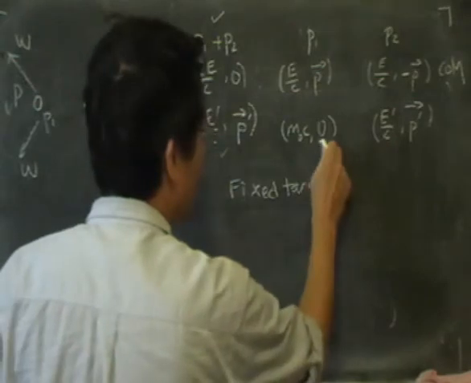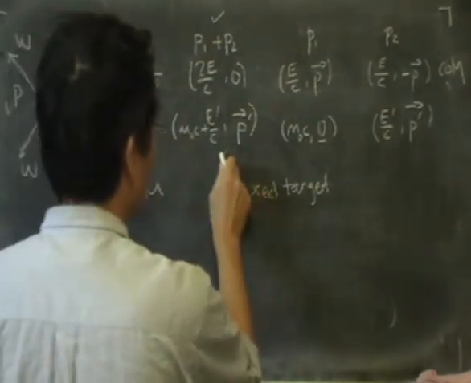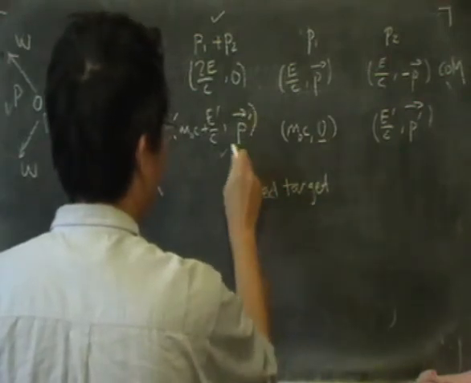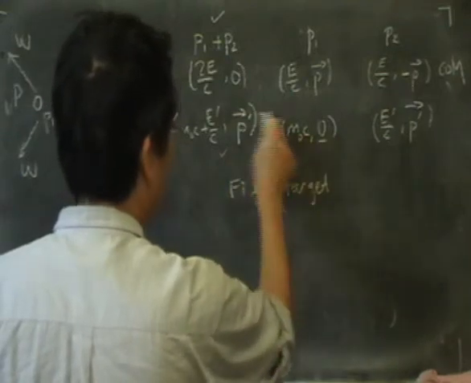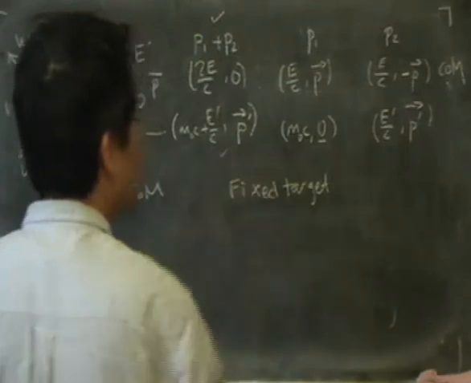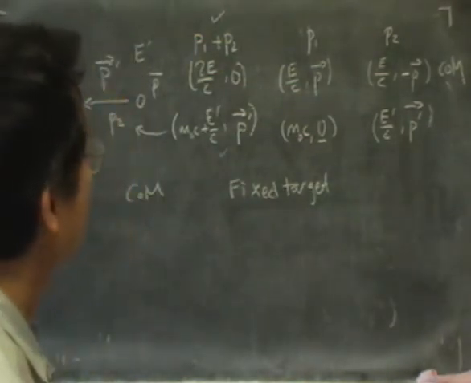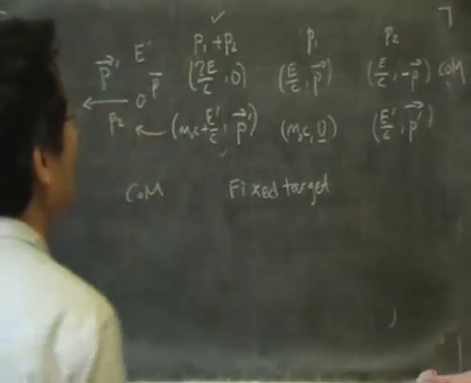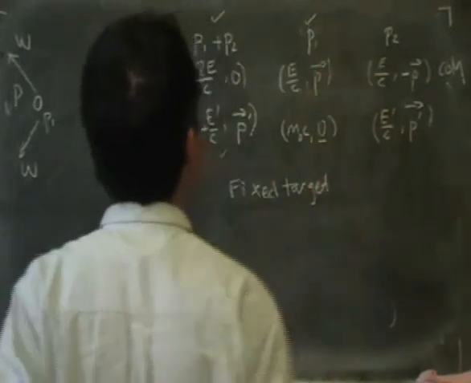Notice that there's a 0 in P1, so if I take an inner product between this and this, I'll be doing the dot product between P1, P prime and 0, and that would get rid of P prime, which is the other unknown. So that's convenient. Therefore let me take the inner product between that and that.